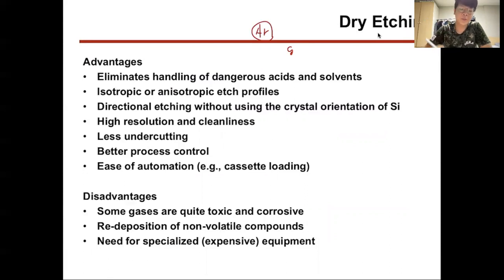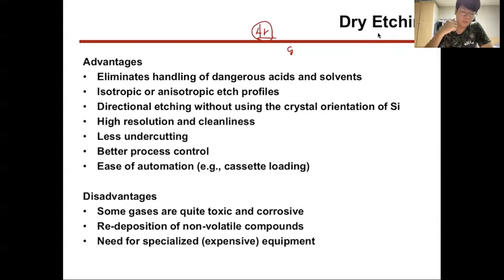So we ionize those argons to make plasma, and we use a magnetic or electric field to accelerate the argon, and we hit those atoms, so we remove the particles on the surface of the Si.